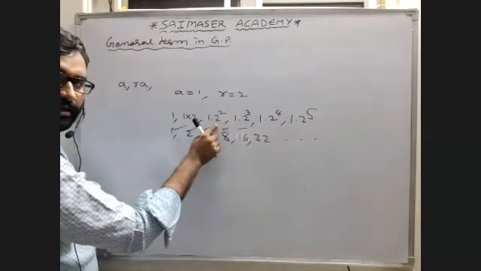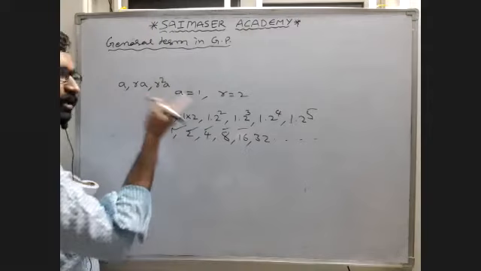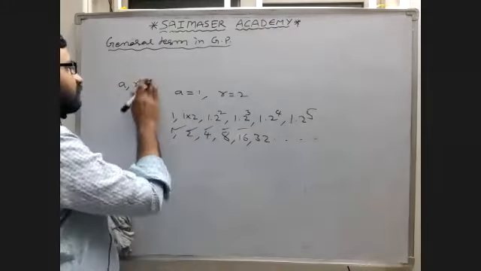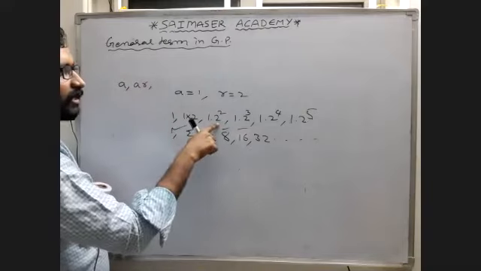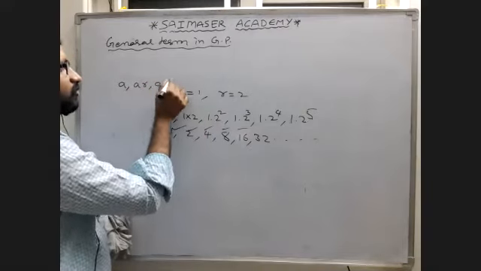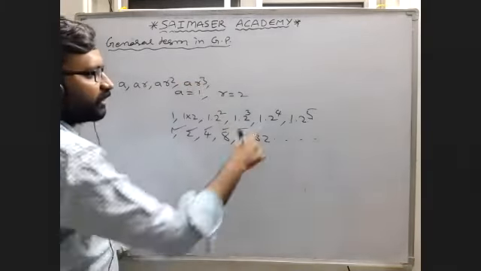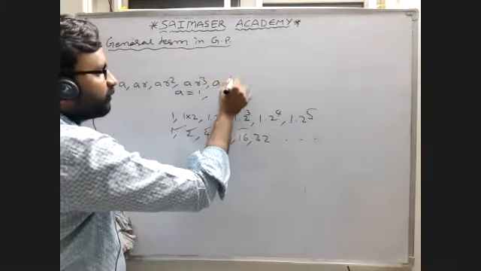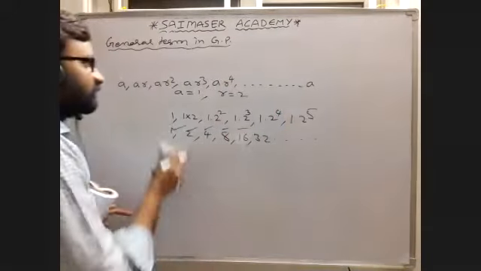R is 2 and A is 1. So R square into A or A into R square, whatever it is. Let us write it: A, AR, AR square, AR cube, AR power 4, and so on. The last term is what?